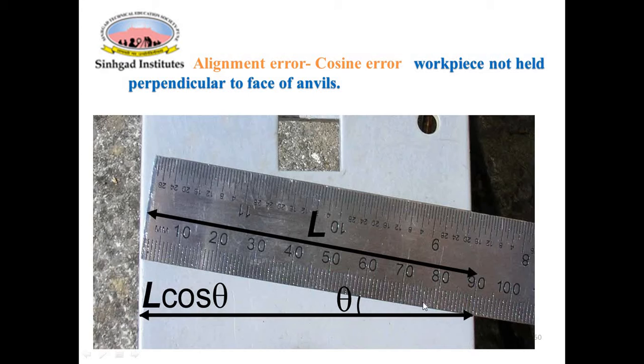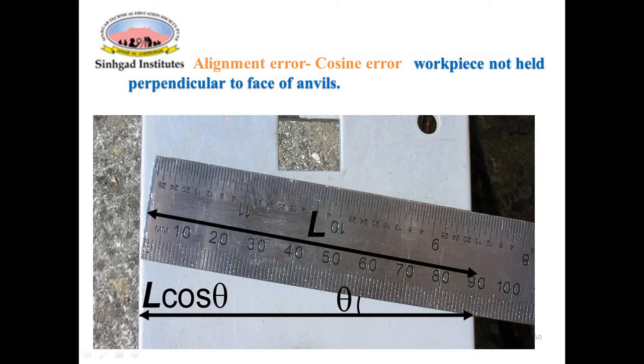Accordingly, suppose the objective is to measure this horizontal length. If we want to measure this length, we have to hold this scale parallel to this line, isn't it? But if we don't hold this scale parallel to this line, and if we hold the scale in an inclined position, then we are going to get the error. This is called a cosine error.